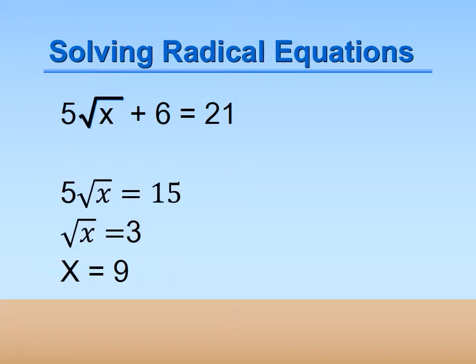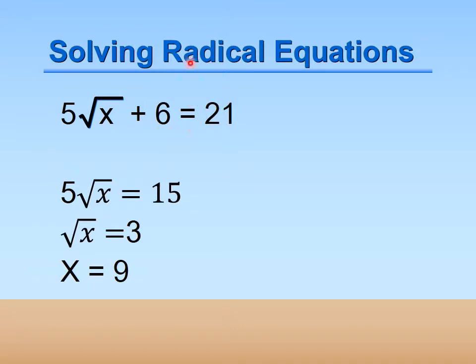Let's try this one. So we've got 5 square root of x plus 6 equals 21. So the first thing we want to do is isolate the radical. So there are 2 things we have to take care of: this times 5 and this plus 6. So the question is, which one do we get rid of first? Well, back in pre-algebra, we learned that when you're solving a 2-step equation, you deal with the addition and subtraction first.